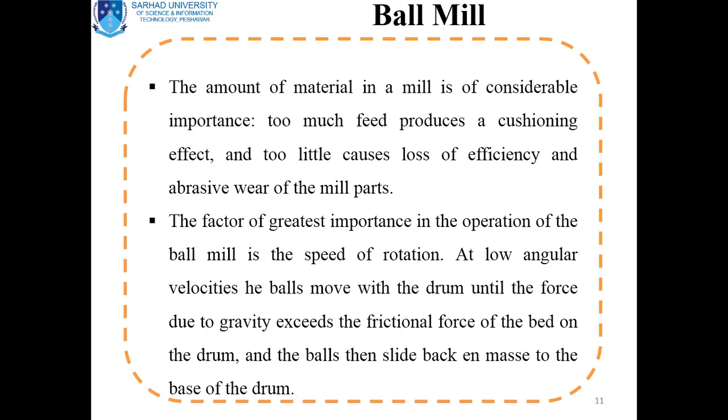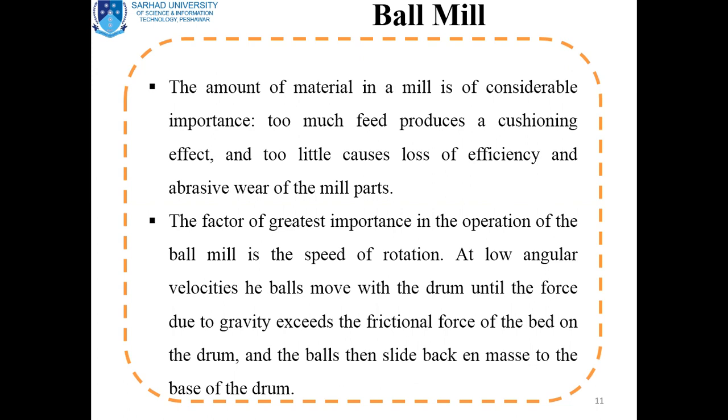The amount of material in a mill is of considerable importance. Too much feed produces a cushioning effect, and too little feed causes loss of efficiency and abrasive wear of the mill parts. These are the drawbacks, which show the considerable importance of the material amount.